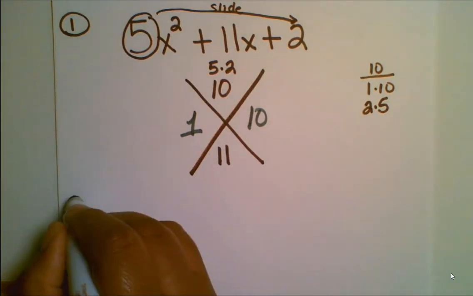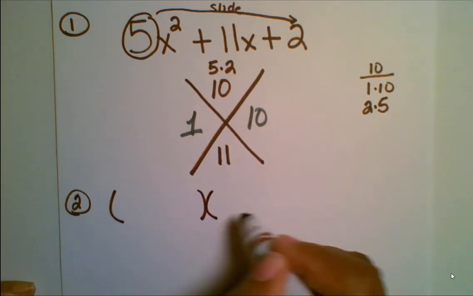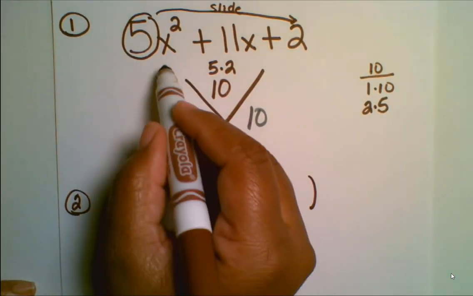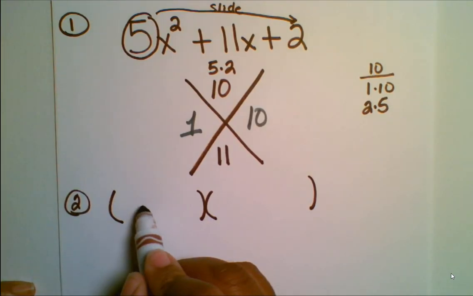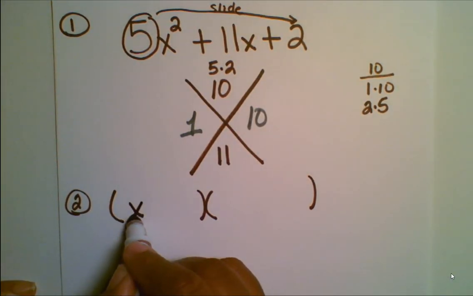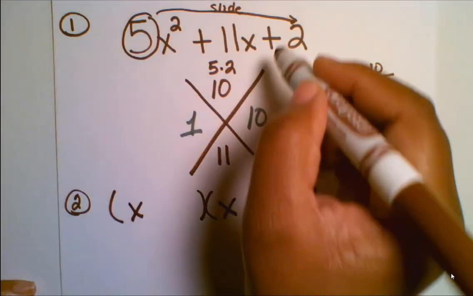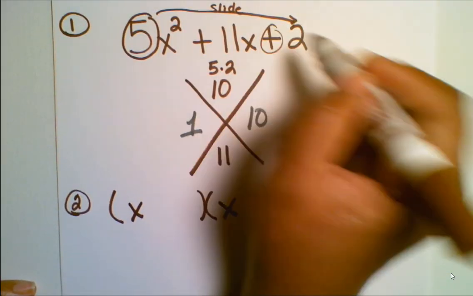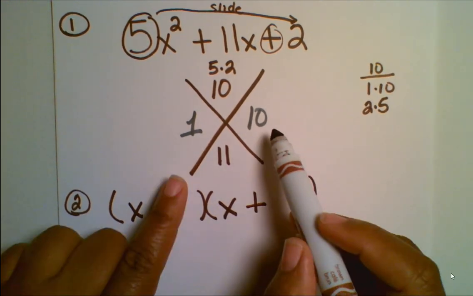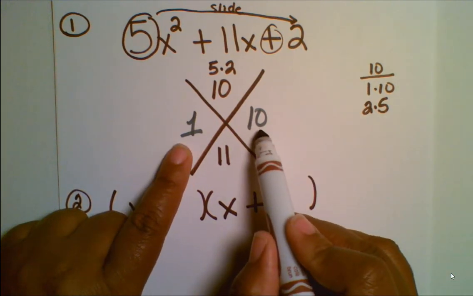All right, so next let's set up our template. With that template, fill in the variable. You have here x and x. The sign of the last term is positive, so same signs, plus and plus. So what we're going to do now is, of course, use the factors that we found.